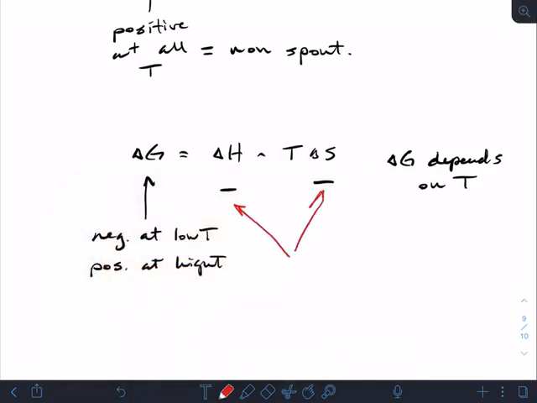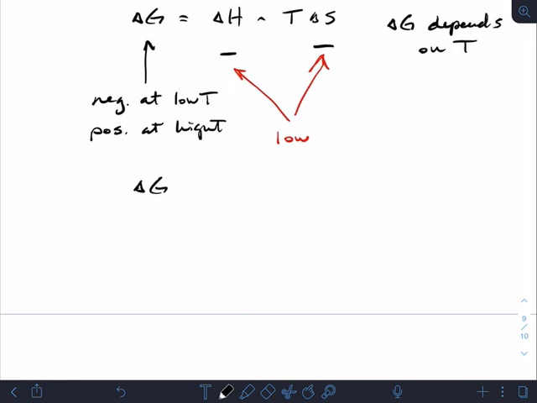There's actually a really simple way to figure this out. If both the signs are negative, think about that in terms of temperature level. A negative number is something that's low. So the signs on delta H and delta S will tell us what temperature will give us a negative delta G: low temperatures, since negative values are low things. It's just one way to not have to rote memorize these situations.